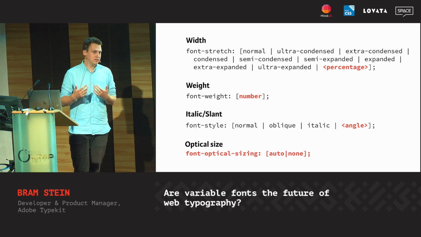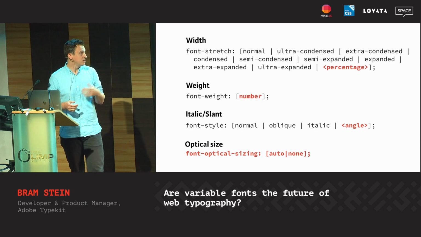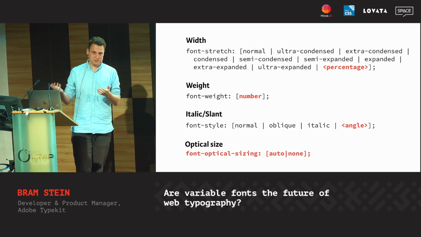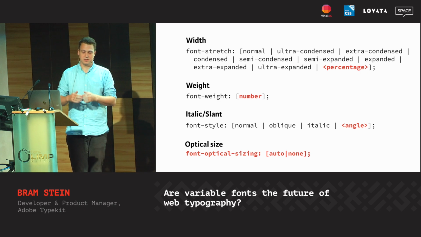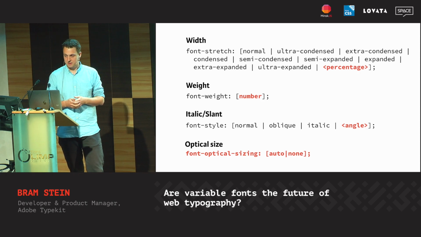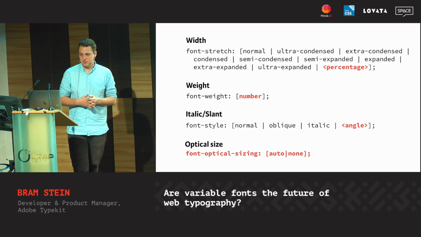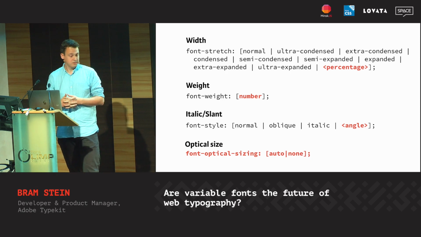The italic and slant axes have been rolled into the font-style property, which now takes an additional angle value, which allows you to specify the angle of the typeface. And italics can be enabled as usual using the italic keyword. There's also a completely new property to control font optical sizes.